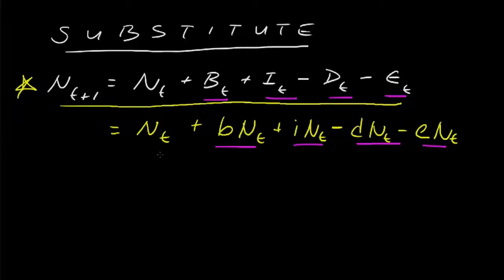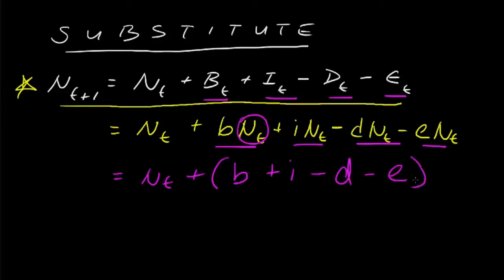Okay, so we'll go a little bit further here. What I'm going to do is factor out an NT. So this is just going to simplify our equation a little bit more. So I'm going to take out NT, and that gives us now B plus I minus D minus E. Got it so far? Times NT.